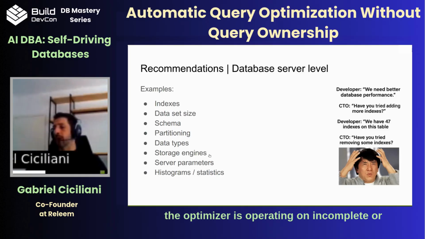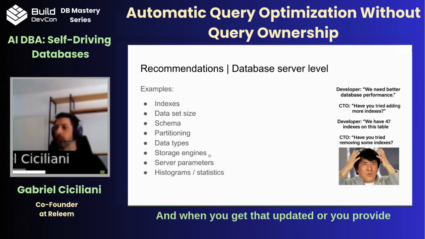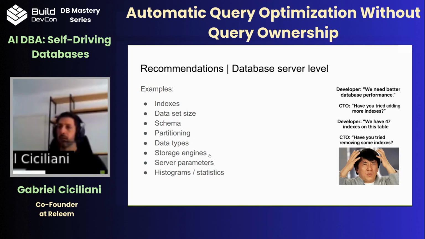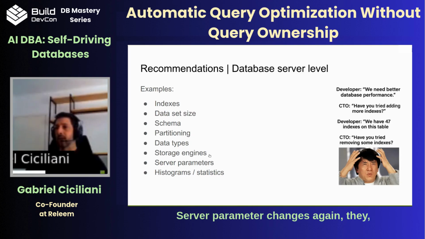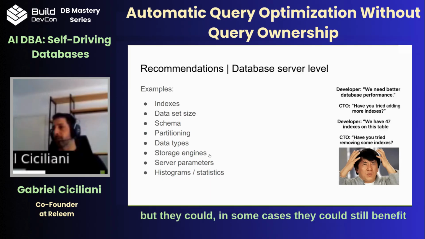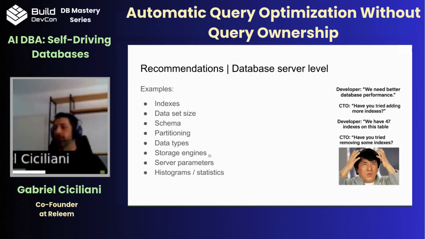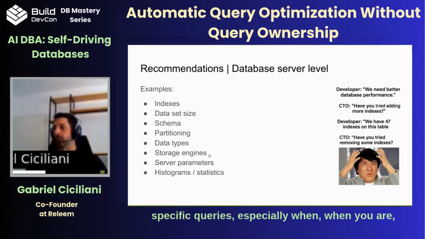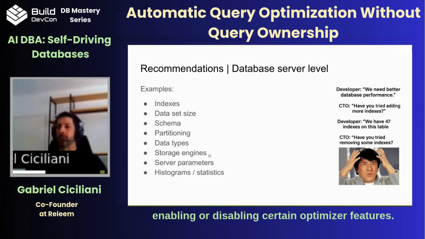In some cases, the optimizer is operating on incomplete or stale statistics, and when you get that updated or you provide more information like histograms, the optimizer can come up with a better execution plan. Server parameter changes are applied at a global level. So again, they are indirect, but in some cases they could still benefit specific queries, especially when you are enabling or disabling certain optimizer features.